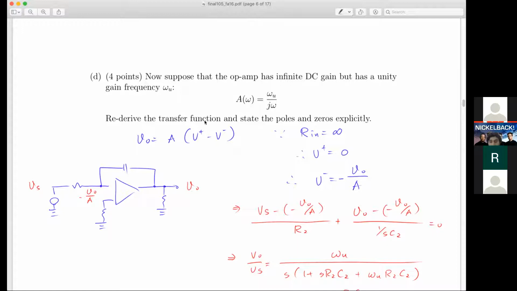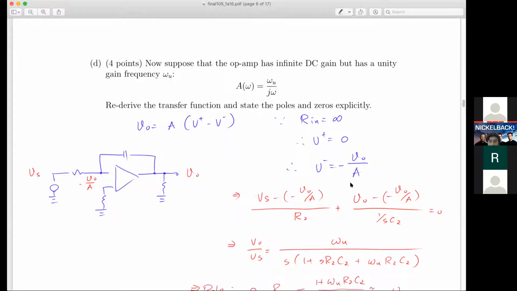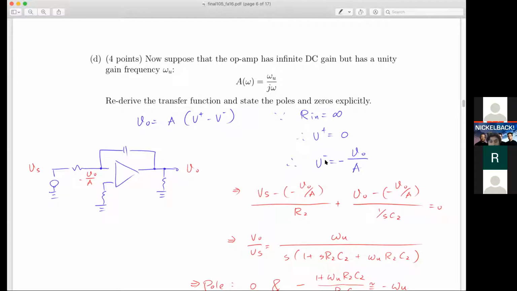Because V plus is 0, V minus equals minus V out over A. When we plug this voltage into the equation, the current flowing through the resistor and the capacitor gives Vs minus V out over A, over R2, plus V out minus V out over A, over 1 over sC2, is equal to 0.